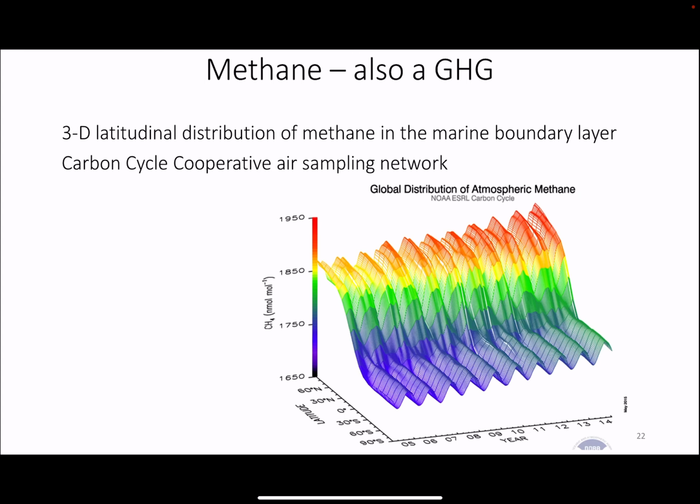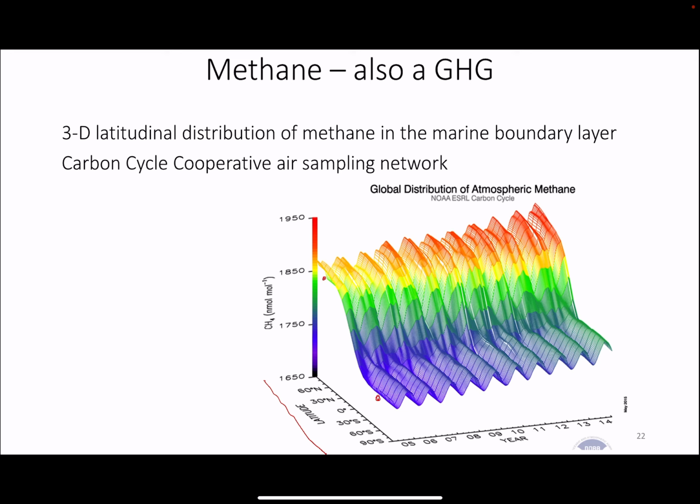So methane concentrations, if we look here, this is an interesting way to present them. It's a sort of 3D latitudinal look at methane. So warmer colors are higher concentrations. And what you're looking at here is a function of latitude in this direction. So higher concentrations in the northern hemisphere than the southern hemisphere.